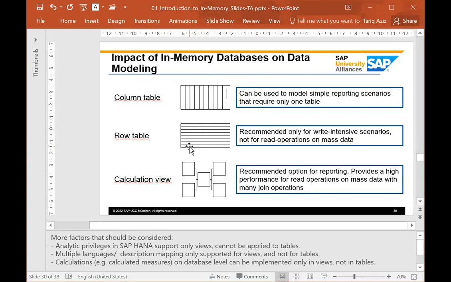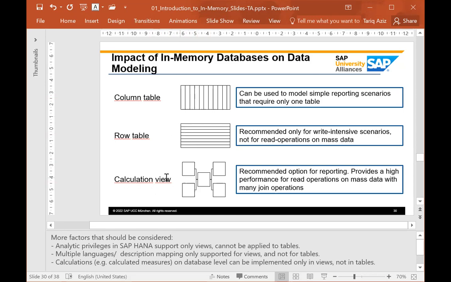We can keep that table in row format, no problem. But if we are using that table all the time for processing, then it should be a column table in HANA.